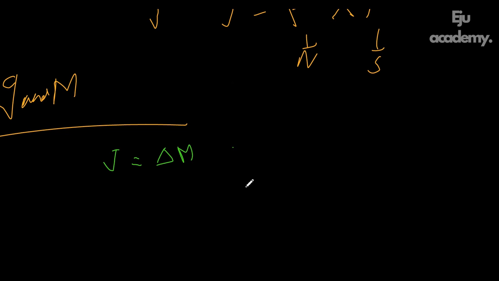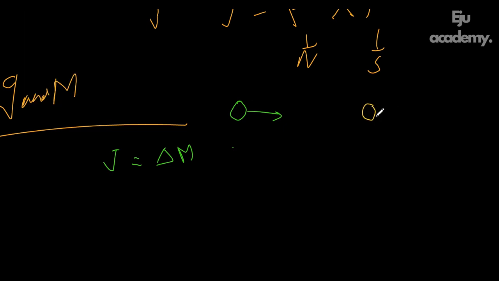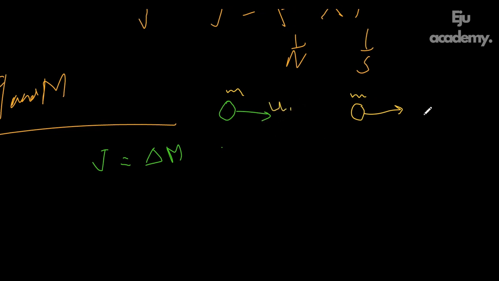Now we can do a lot of things here. Let's say there was a ball here and a ball of the same mass here, mass m, but the velocities are varying, u1 and v1.